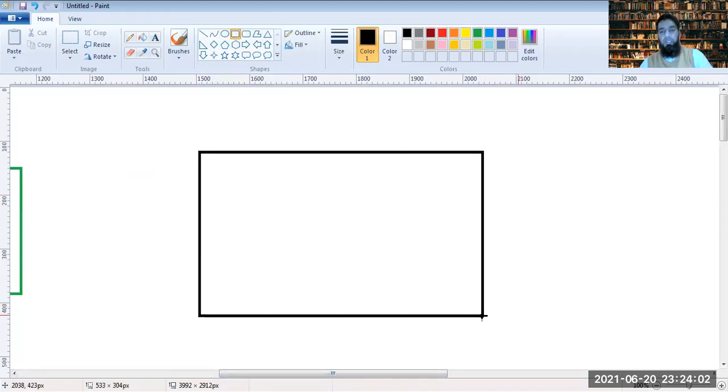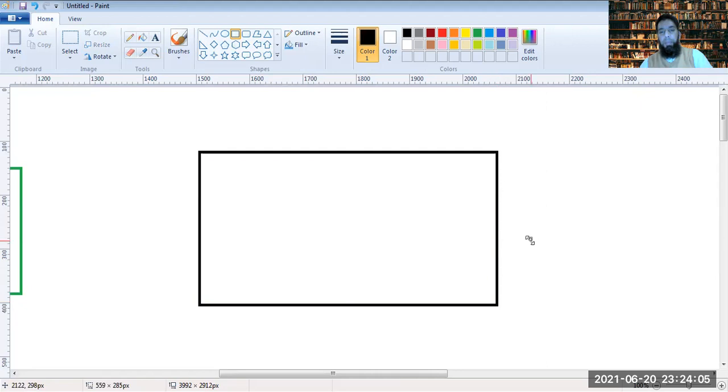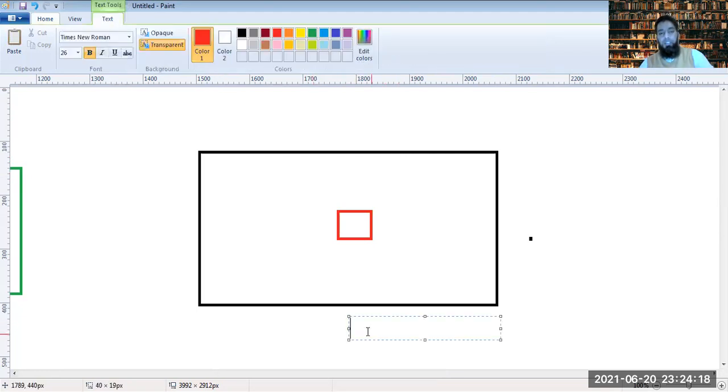So, if this is the footing and the column is this, now we know that this dimension is 5.5 total, and this is 4.